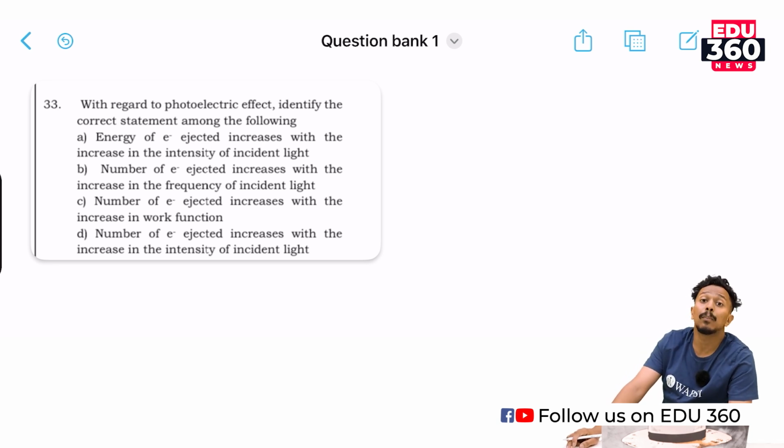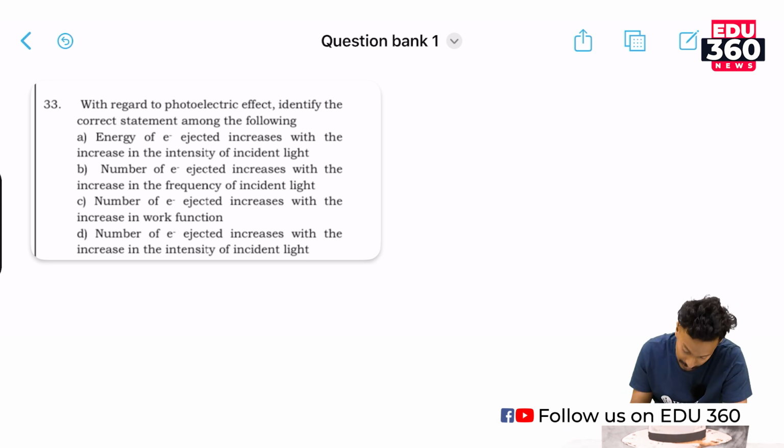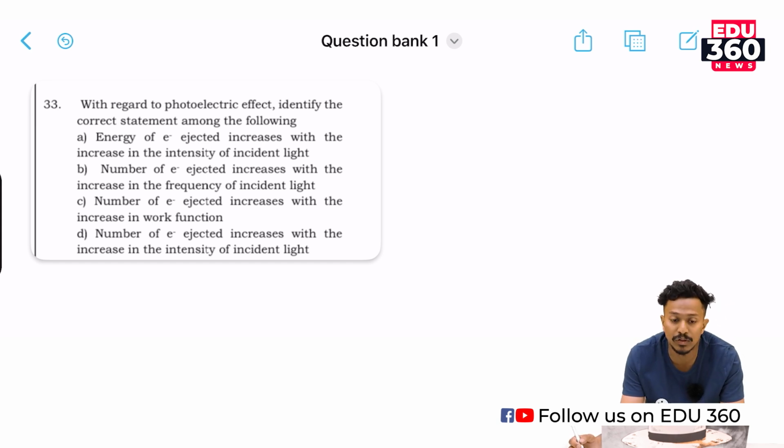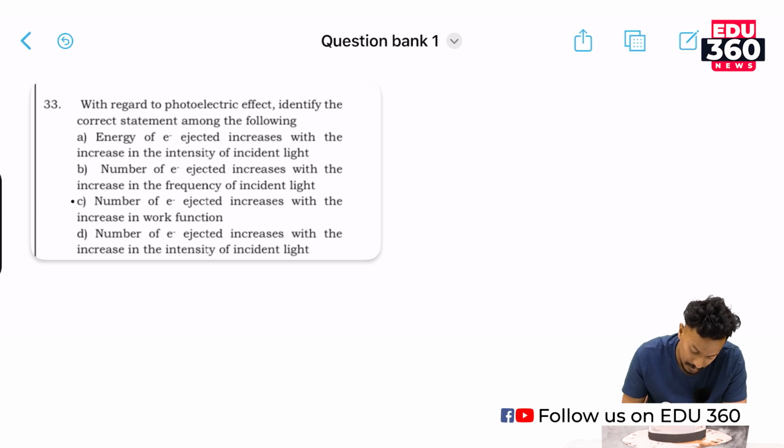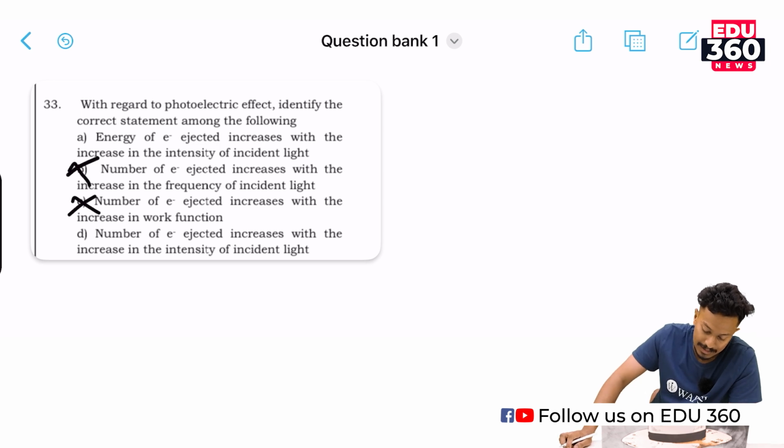It depends upon the number of photons of incident light. So it could be that the number of electrons ejected increases with the increase in the frequency of light. So it could not all happen. We could rule out the possibilities of options B and C. Number of electrons ejected increases with the increase in incident light.